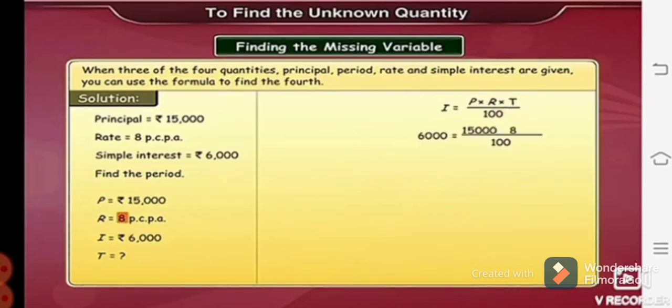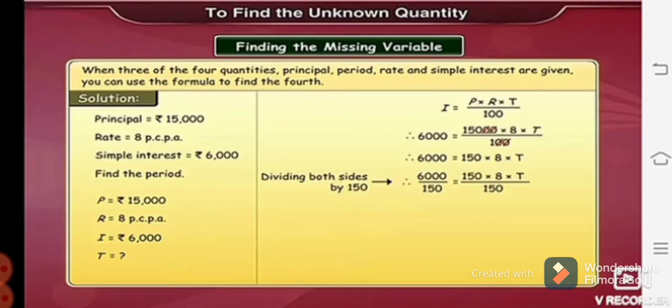Substituting the values, 6,000 is equal to 15,000 into 8 into T upon 100. Cancelling the zeros we get, therefore 6,000 is equal to 150 into 8 into T. Now we are going to find T's value.